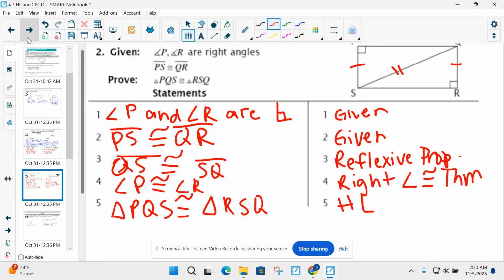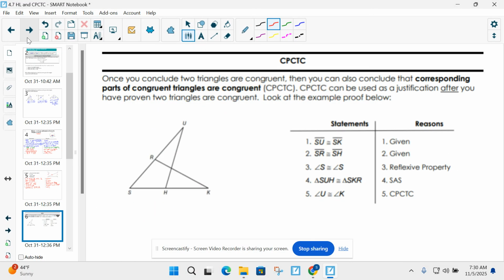All right. So more on CPCTC. It says once you conclude 2 triangles are congruent, then you can also conclude that corresponding parts of congruent triangles are congruent.